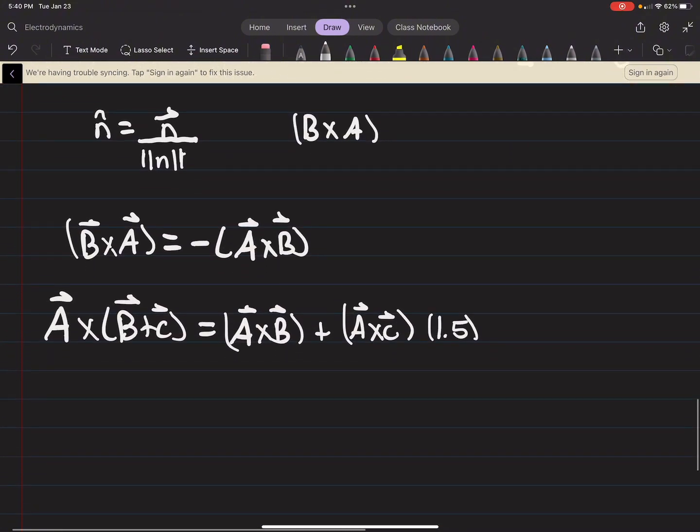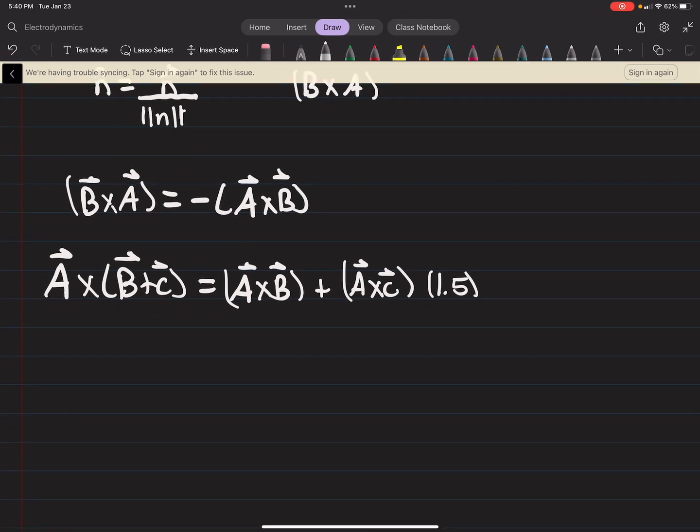Okay, so that's most of what we need to talk about, but it's also helpful to understand what the magnitude of the resulting cross product gives you. So in a sense, we kind of see that the dot product tells you how in line they are.